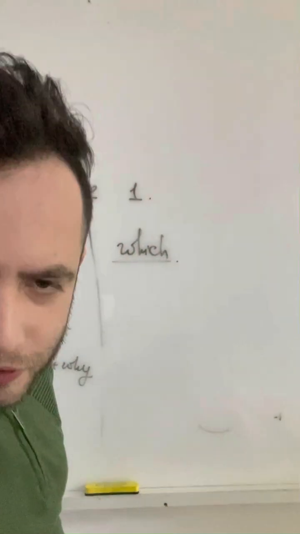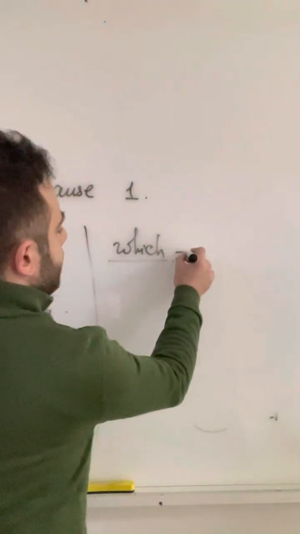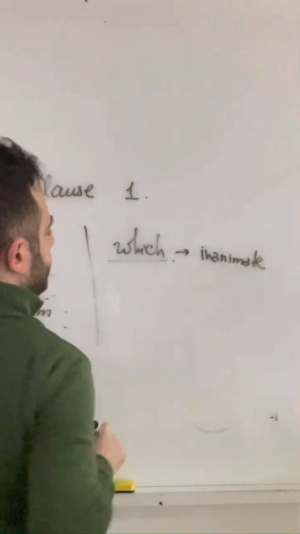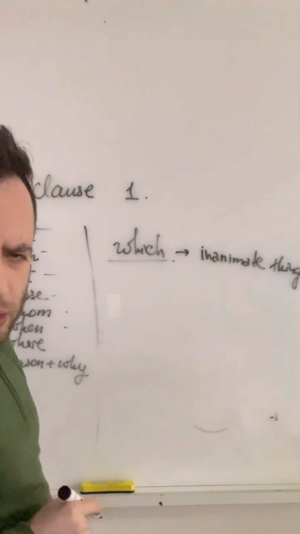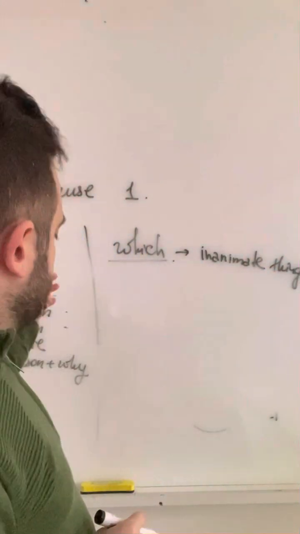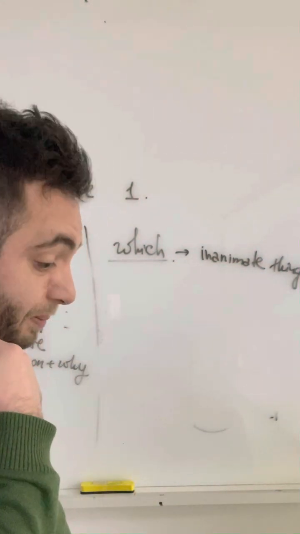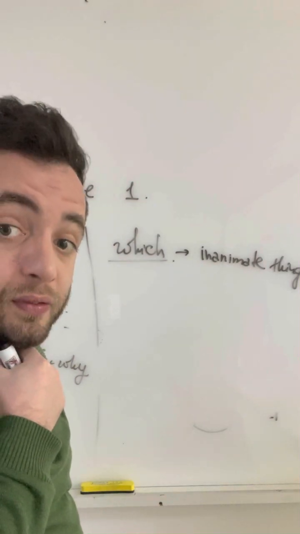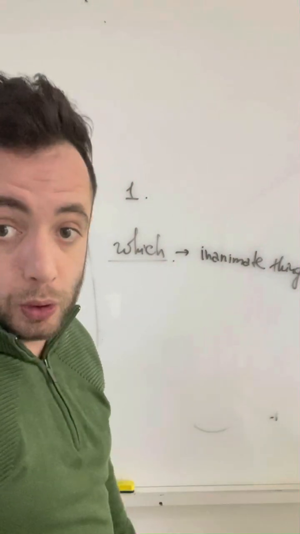Which is also interesting. Which here is for inanimate things. That's right. We use it for inanimate things. And here, which is quite flexible, we don't need to expect any specific condition to use it as a subject or as an object of a sentence.